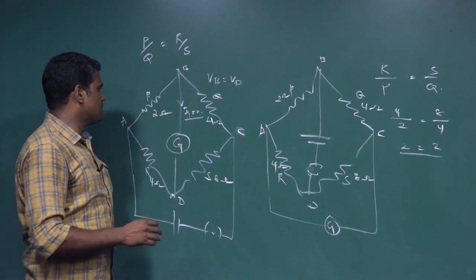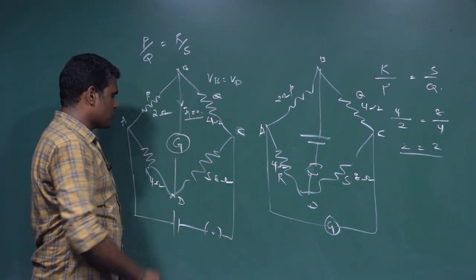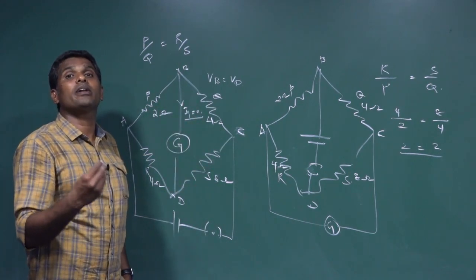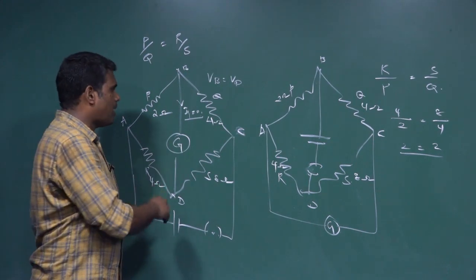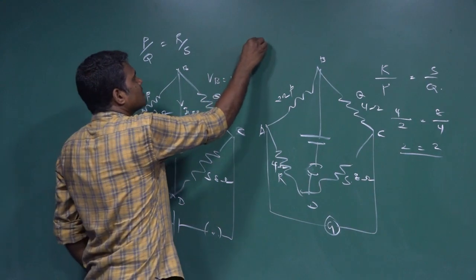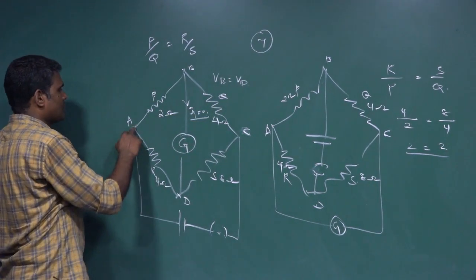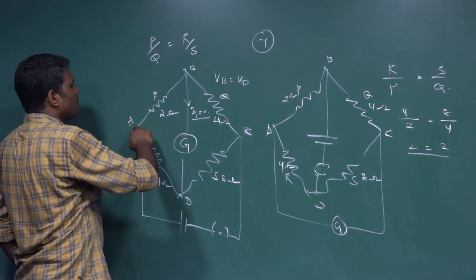If you check the entire Wheatstone network, we can check how many closed paths or closed circuits can be taken here. Here we can have 7 closed circuits. If you look at the case here, this is a closed loop.